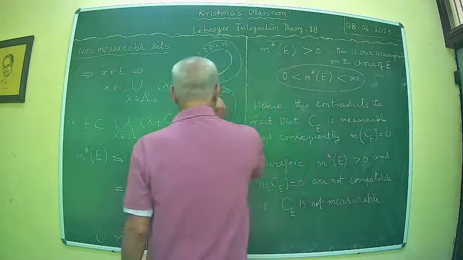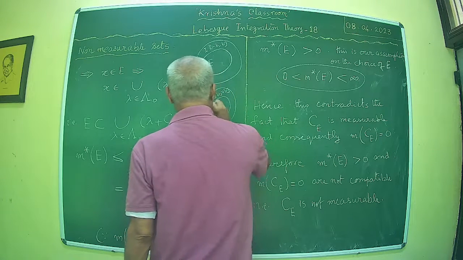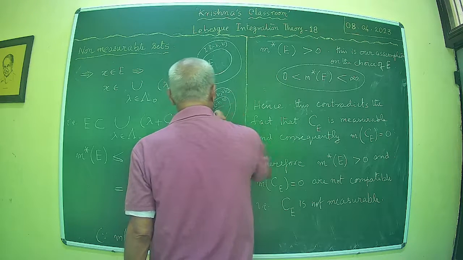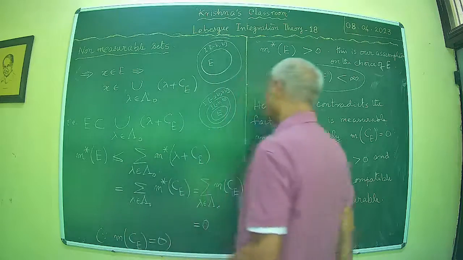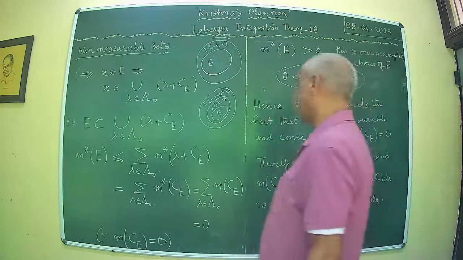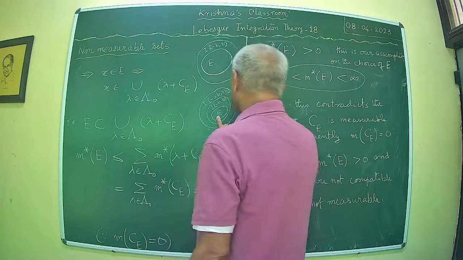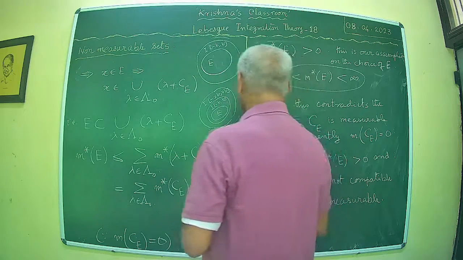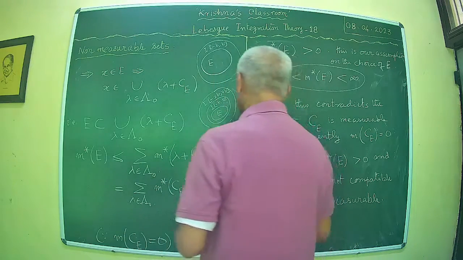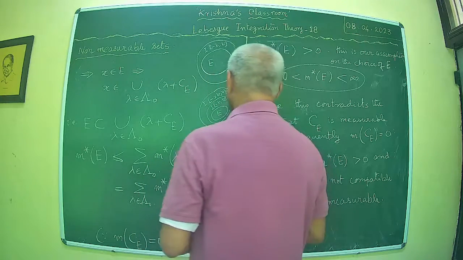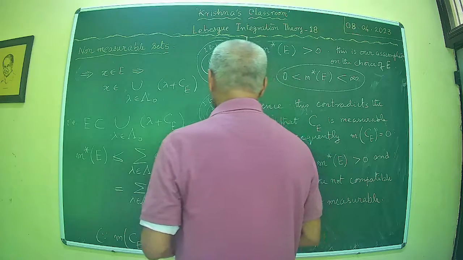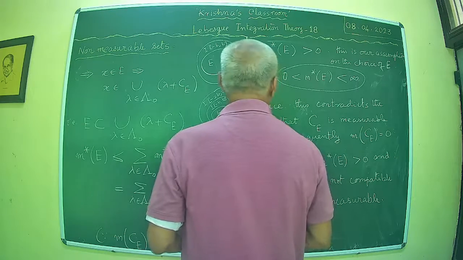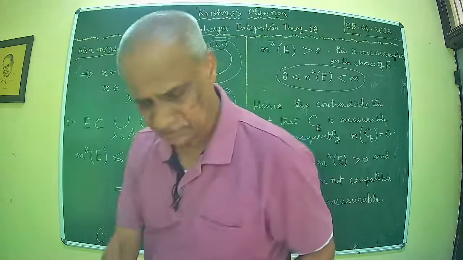So you see that this is I, minus b, and now if you try to translate E through a rational number here, okay, so then we will drop this.